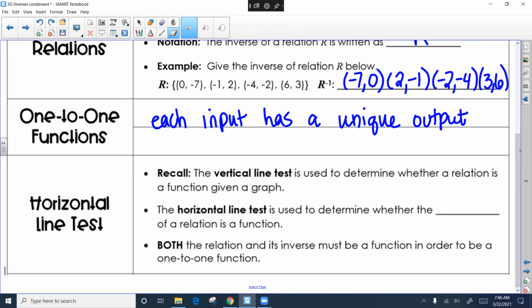So hopefully we remember, recall, the vertical line test is used to determine whether a relation is a function given a graph.